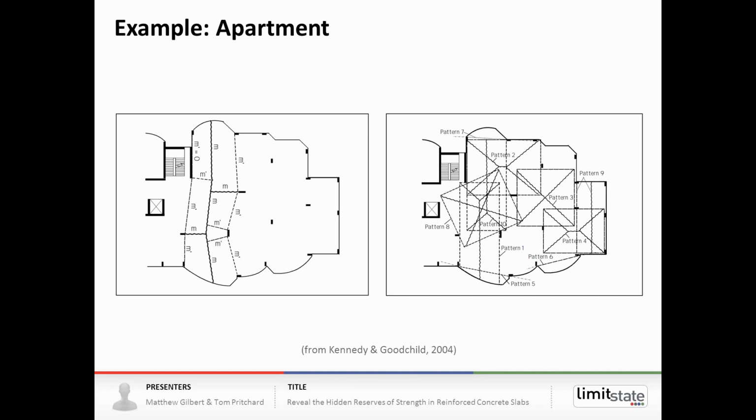They described how these floor slabs could be designed using the yield line method. What they did was explore a large range of patterns. You can see some of them shown, so a number of patterns on the right hand diagram, and then a folding plate fan mechanism on the left hand one.